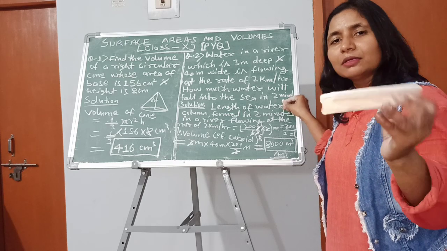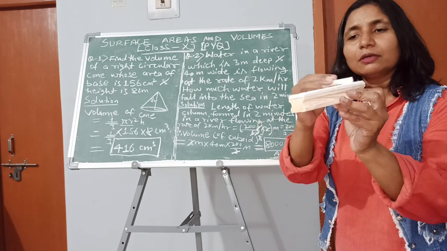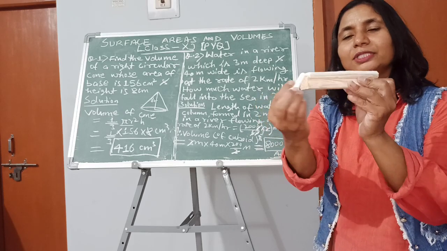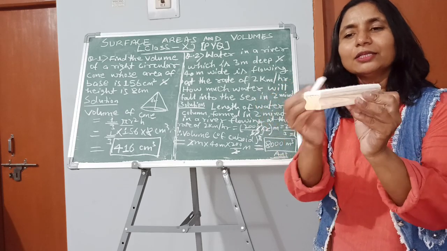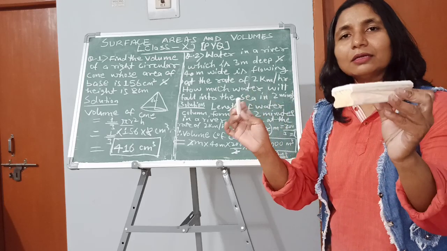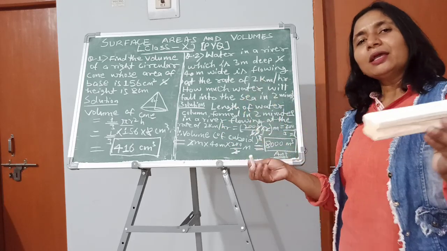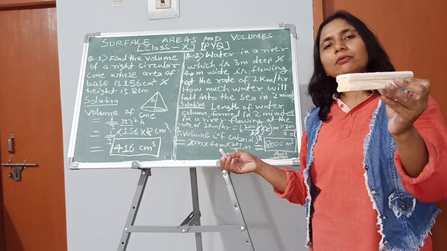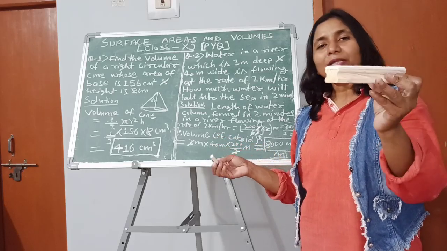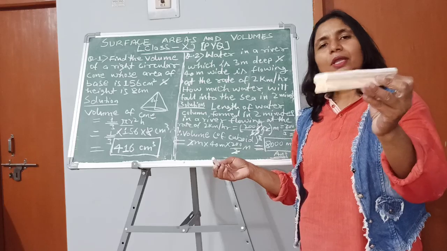Meaning the quantity of water which is flowing into the sea in 2 minutes. If this is the river, this is depth, this is width and this is length, so this will represent a cuboid. So in an indirect way we have to find out the volume of the cuboid of water in 2 minutes.